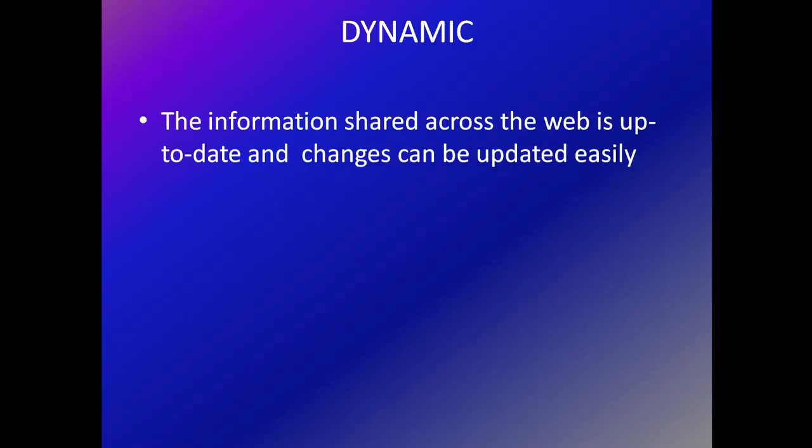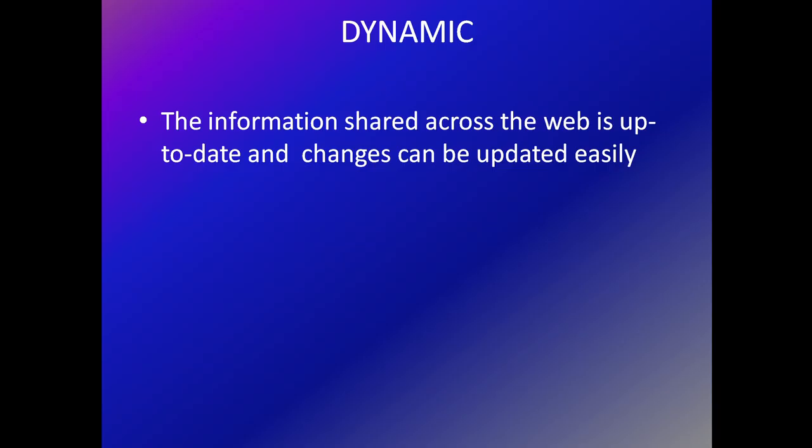Then comes the term dynamic. Dynamic means the information shared across the web is always up to date. Suppose you are publishing a book and you want to make any updates or corrections, it is not easily possible.